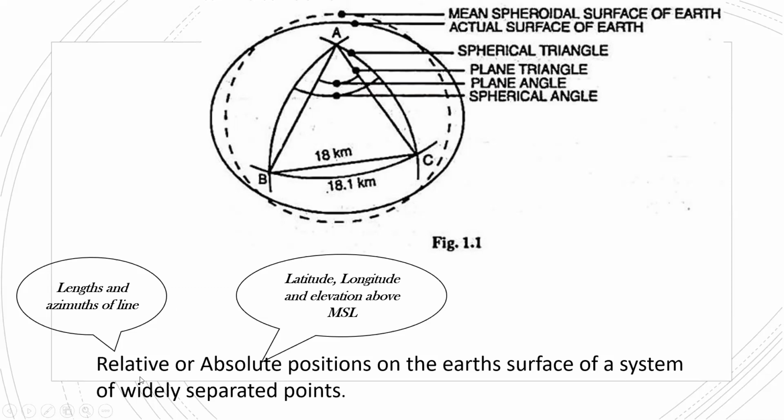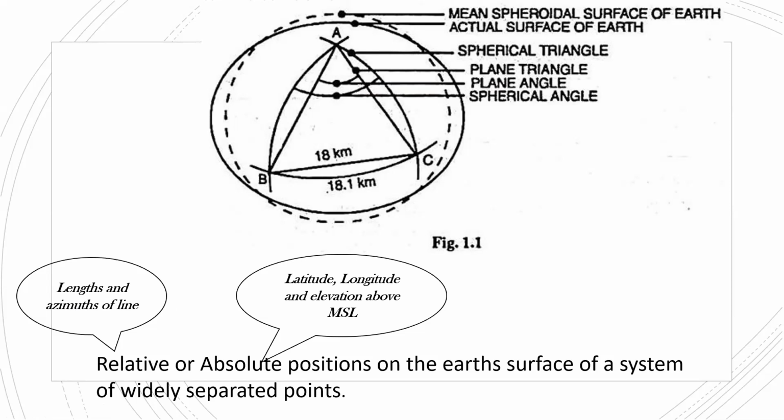Now, how do I find out relative distances? It is in terms of lengths and azimuths. That is, the length between AC, the length between BC, and the length between BA is found out, and azimuth, as in the elevation.